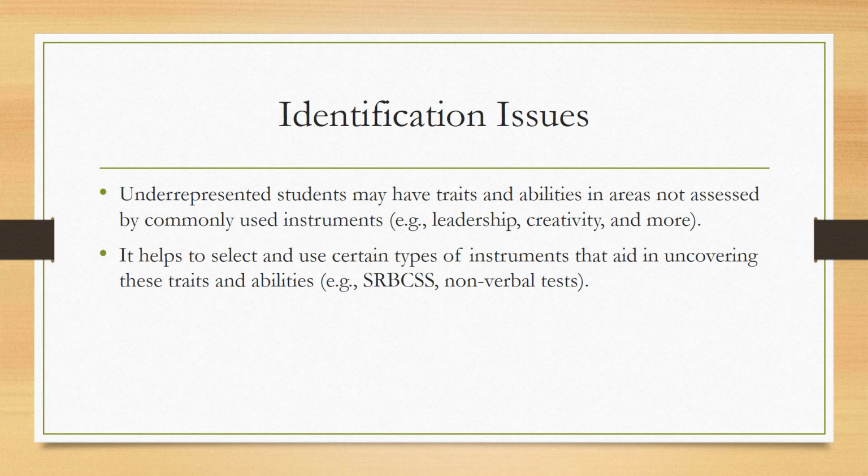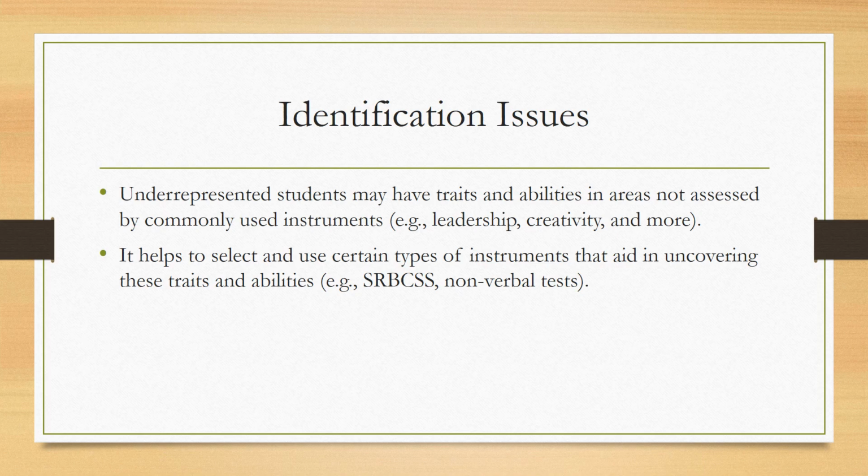Those are the two well-known constructs that are assessed when we identify gifted students. But there are many other types of giftedness and traits that we could look for that would help uncover underrepresented students. For example, leadership. This week you're going to read a case study about Anissa, who exhibited leadership. Creativity might be another one, and there are many others.